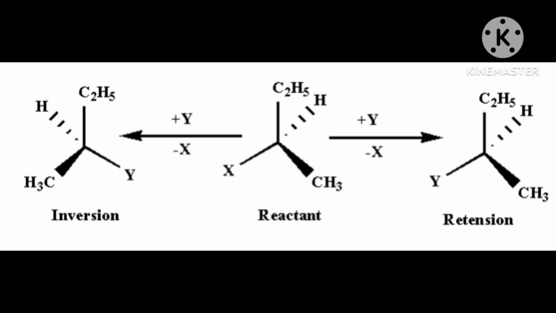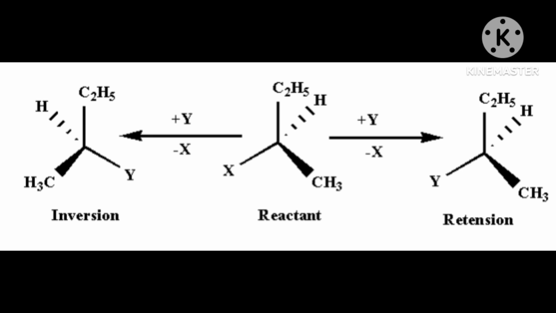These three terms, inversion, retention and racemization, you can understand through one reaction. There are three outcomes for a reaction at an asymmetric carbon atom.